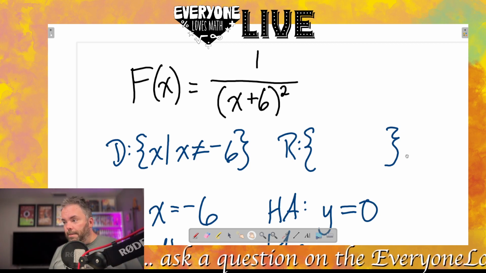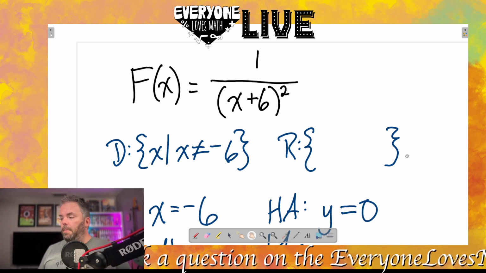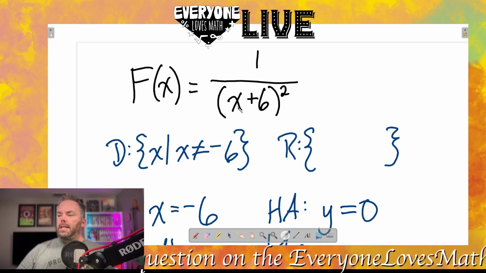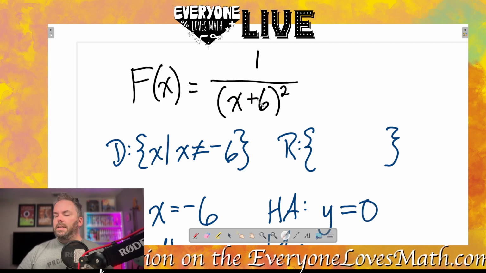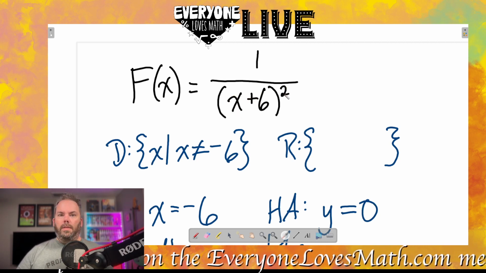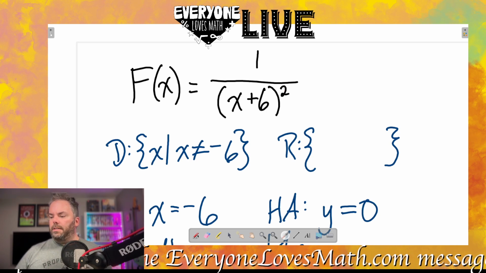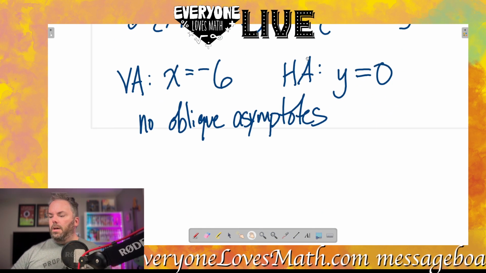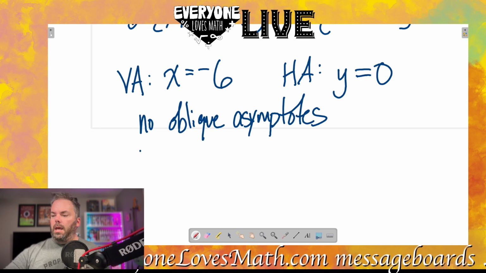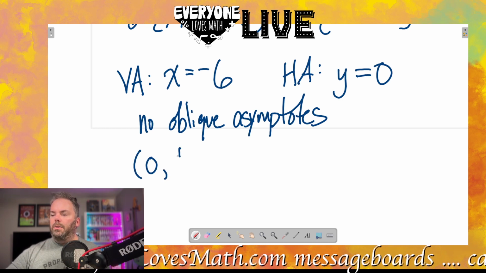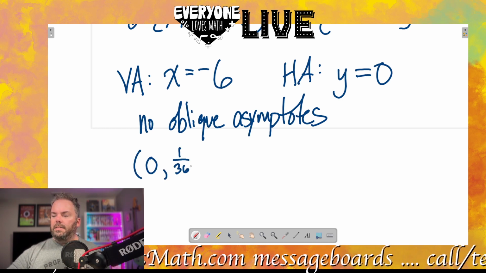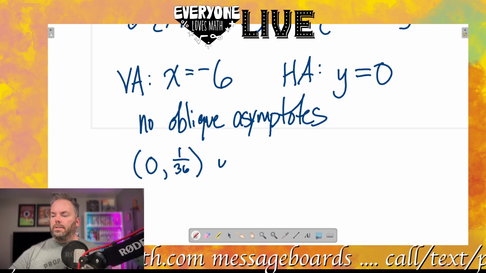For a y-intercept, we can put 0 in for x. If I put 0 in for x, that'd be 0 plus 6. That'd be 6 squared, 36. So it'd be 1 over 36. So one of the intercepts we know is when x equals 0, y equals 1 over 36. This is the y-intercept.